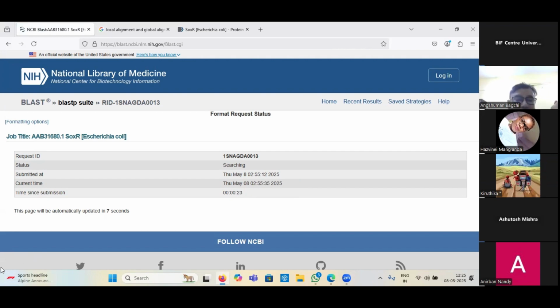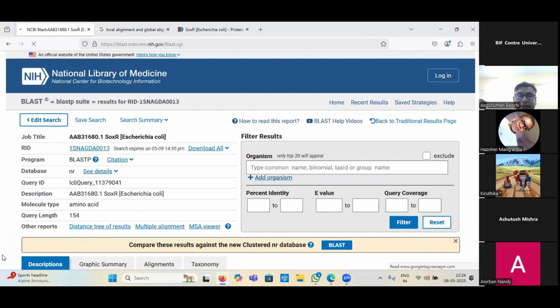It takes some time because it is searching so many databases, and non-redundant database means it is not a single database. It is searching in UniProt, it is searching in PDB and all other databases that are available. So definitely it takes time. Yes, we got the results now.